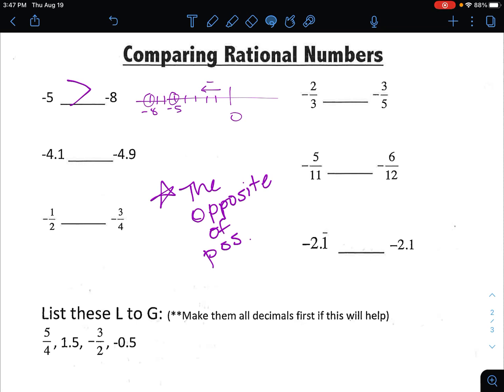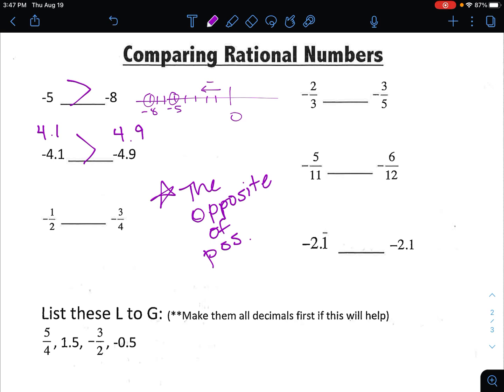So when we do these, use this rule as it's going to help you. If this were 4.1 like $4.10 and this were 4.9 like $4.90 and they were positive, this would be more. And so when they're negative, this is more.